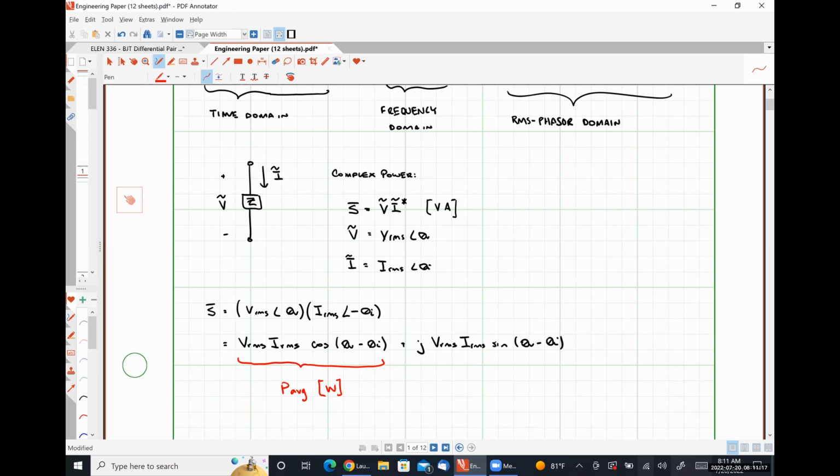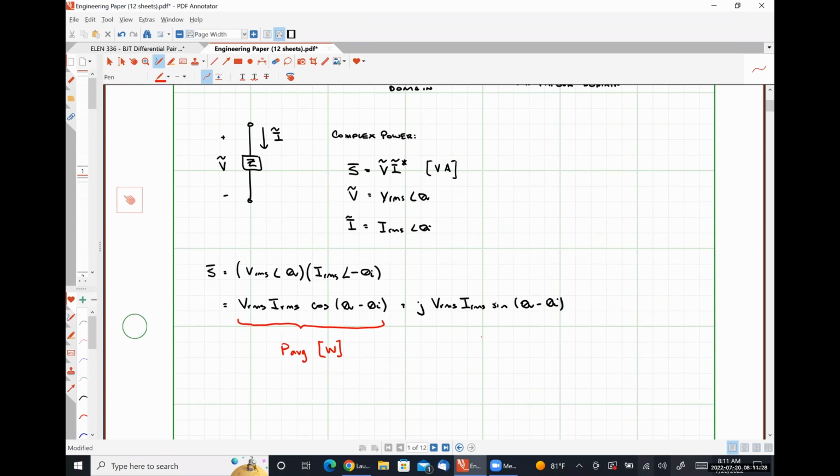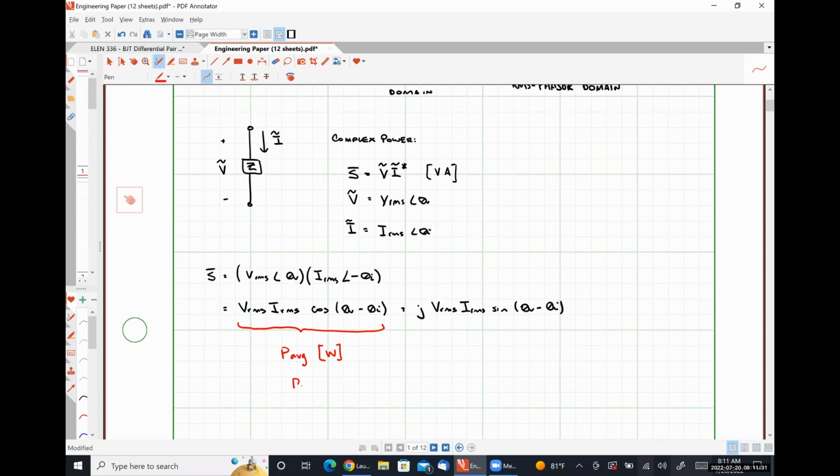Okay. So the average power is the real part of the complex power. And what it represents is the portion of the complex power that is capable of performing work on a load.